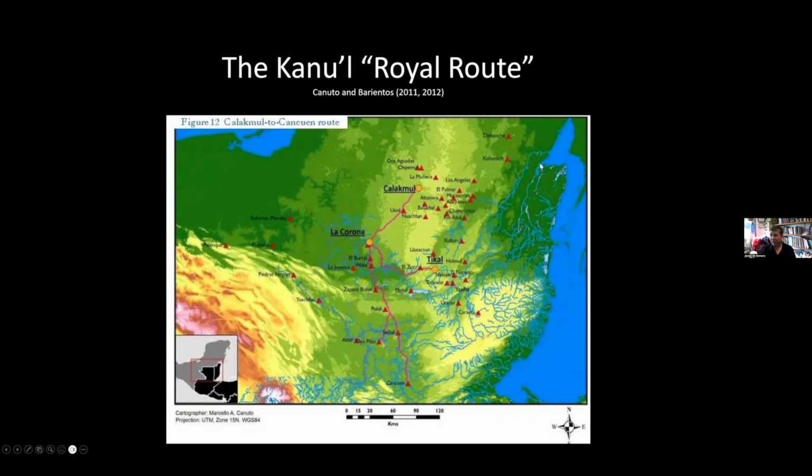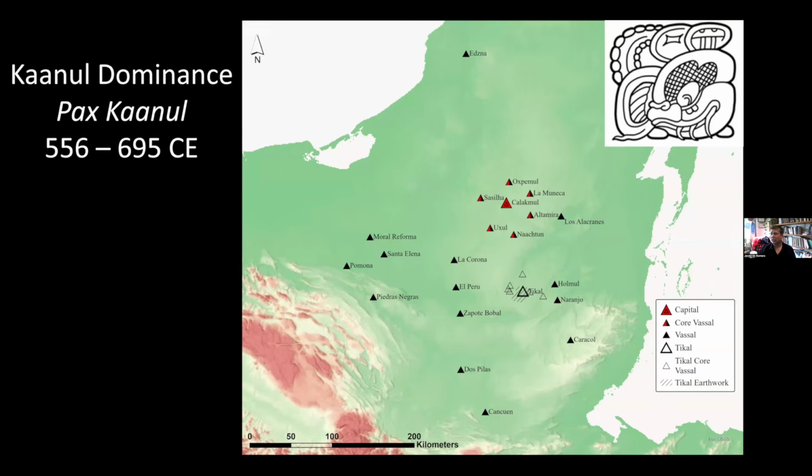There seems to be an eastern expansion as well. Sorry, I'm going to go back a little bit. We also see Kalakmul surrounding Tikal with vassals to create a buffer around Tikal. These are things that were recognized a long time ago.